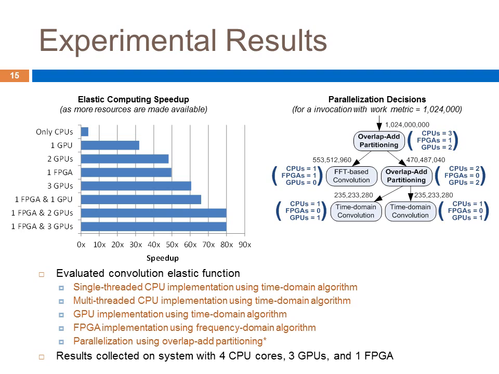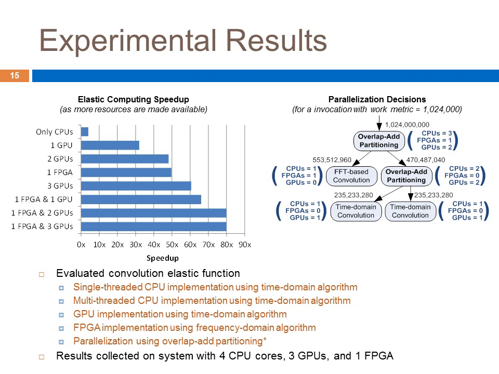It was a Core i7 that had 3 GPUs and an FPGA attached to it over PCI Express. For this elastic function, we manually created 5 different implementations. We created some time domain implementations and some frequency domain implementations for each type of device, and then we added a parallelization strategy based on overlap add partitioning.